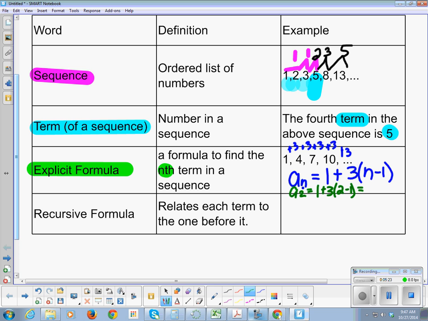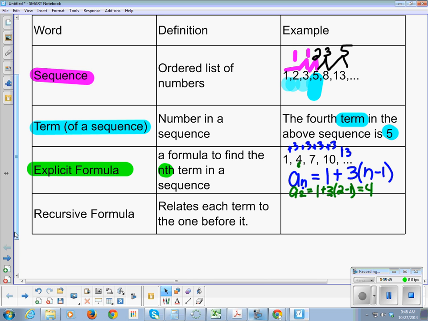And we can say 2 minus 1 is 1, 1 times 3 is 3, and 3 plus 1 is 4. Is the second term in my sequence 4? Yes. So we can verify that the formula works. Okay. Explicit formula is usually what we do in math. We have little equations. We plug in the number we want.